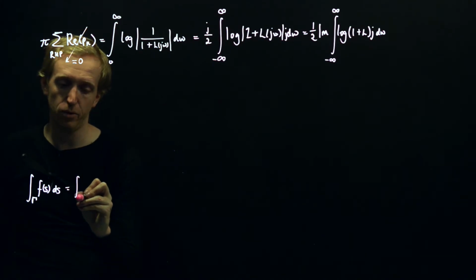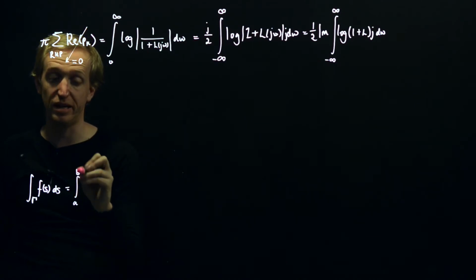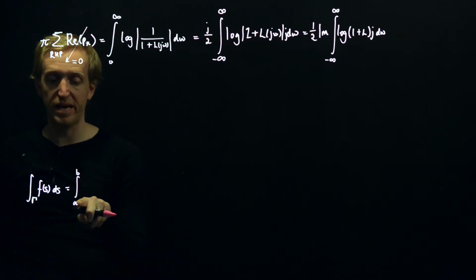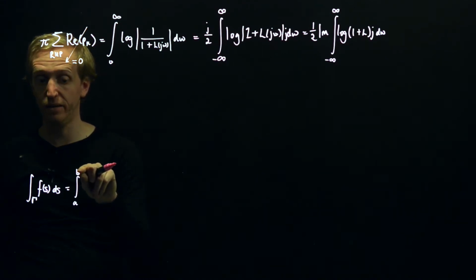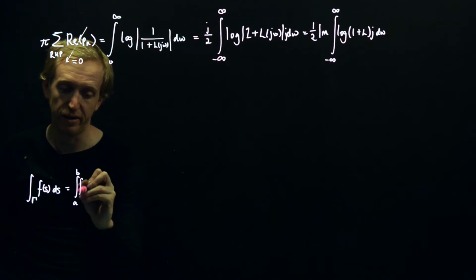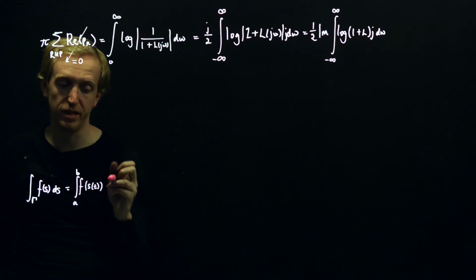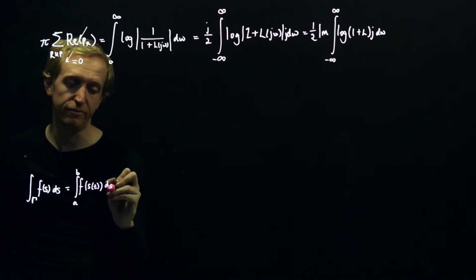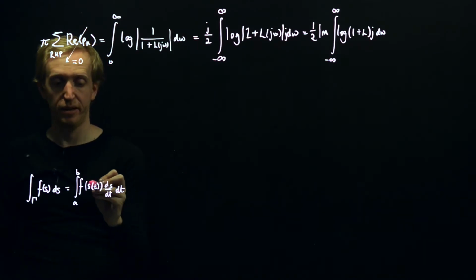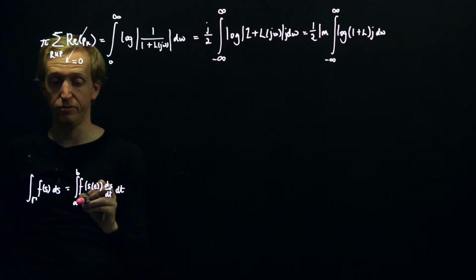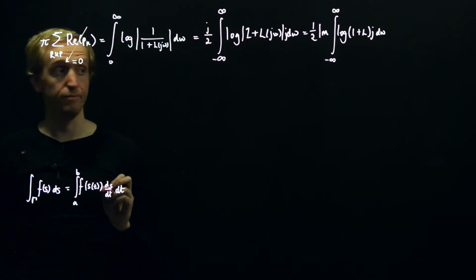And now we run over some limits, so these are now real numbers. a corresponds to the value of t that starts our contour, b corresponds to the value that ends our contour, and then we have f of s evaluated at these values of t, and then we have ds/dt dt. So the idea is that s of t, as I put in values of t between a and b, traces out the contour that I'm interested in.